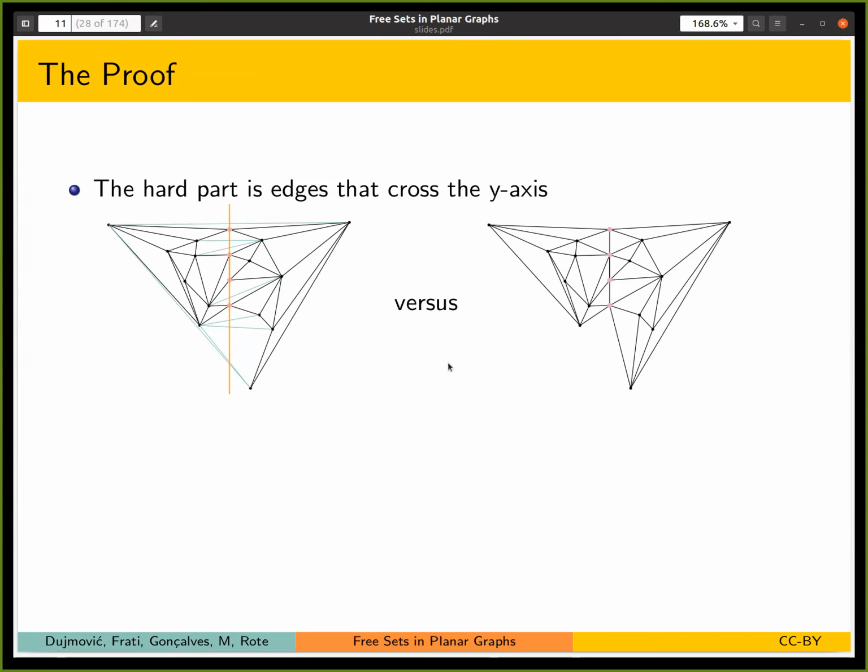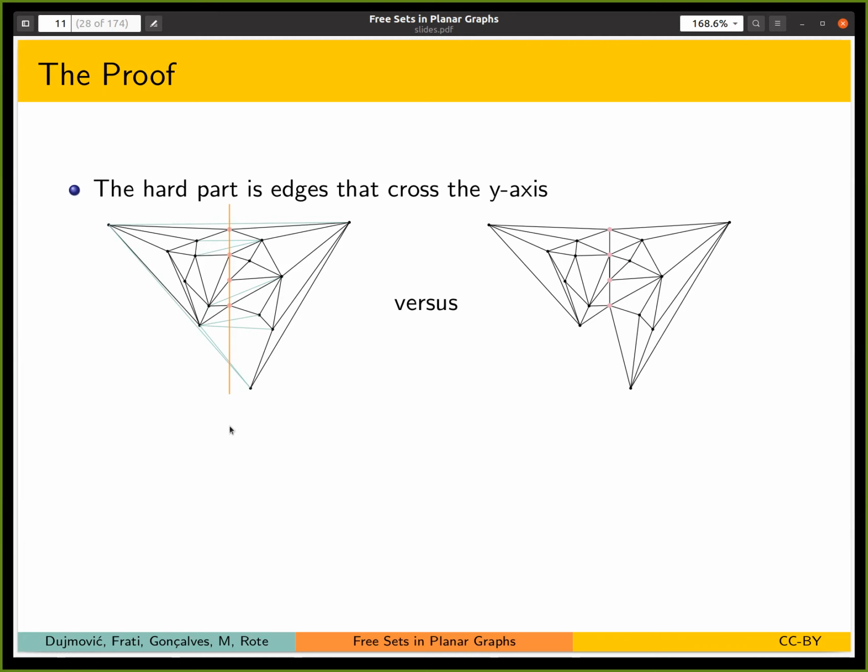So I'll try and sketch the proof of this. It's long, technical, but I'll try and get the main ideas across.